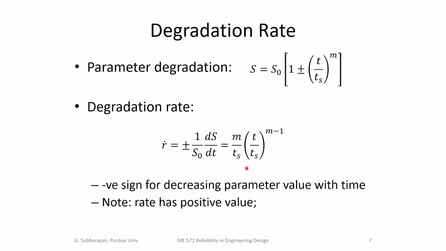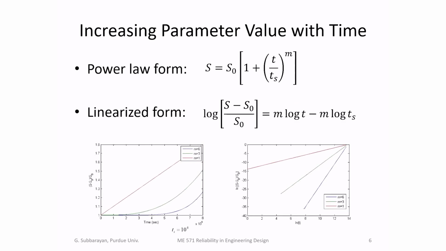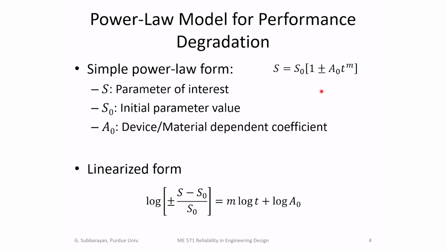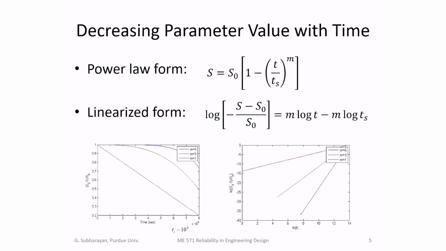And you can see here the degradation rate divided by 1 over S naught, that normalizes it, has this form here, M over Ts, T over Ts, where Ts is a scaling parameter here. Previously we had parameter A naught, but when we expressed it in the power law form, we used a scaling constant Ts.